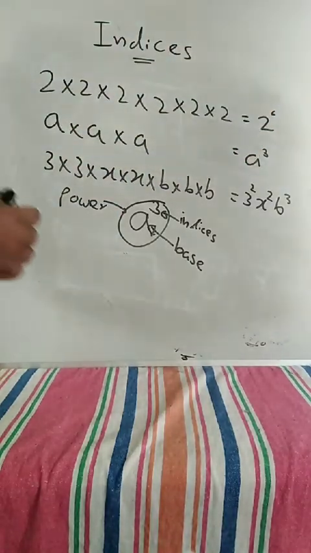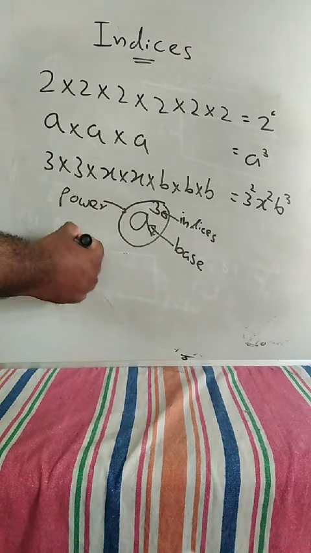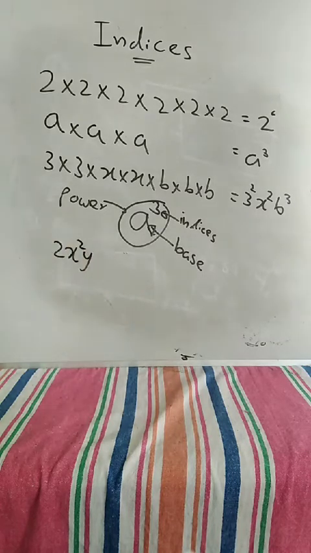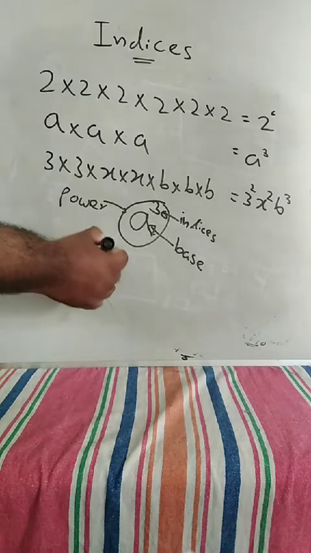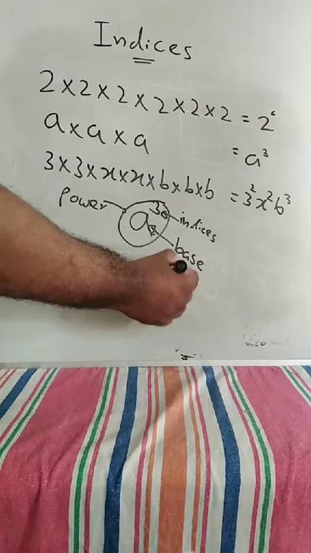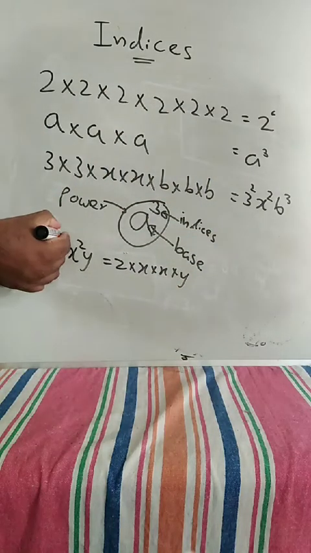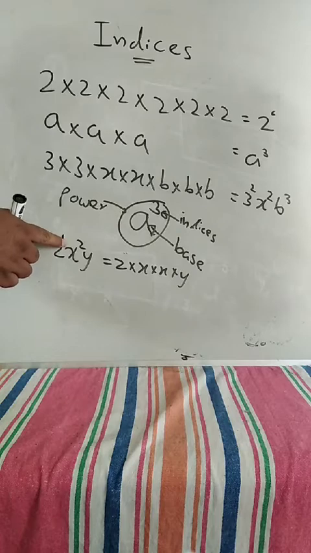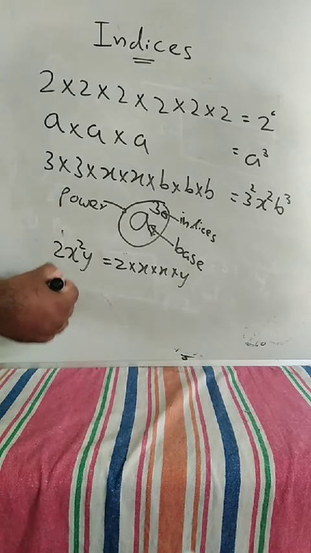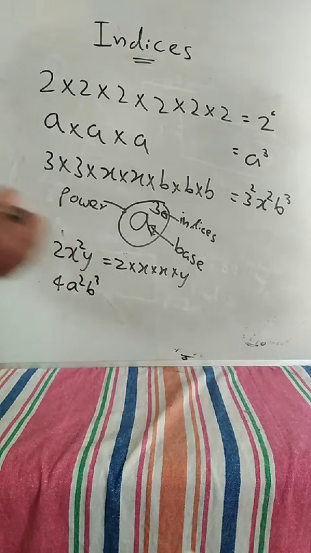Now, if someone has written 2 to the power 2 x to the power 2 y, then when we write the expanded form, it is 2 into x into y. When expanding this, the power 1 is not written, but you should know it is only one time. Then 4, a to the power 2, b to the power 3.